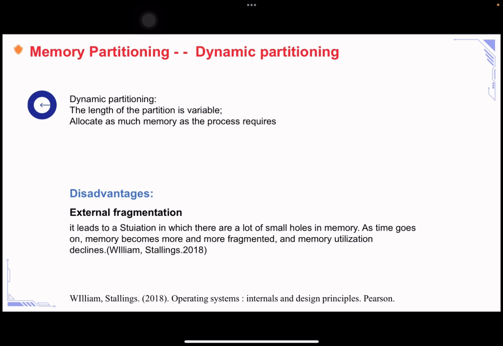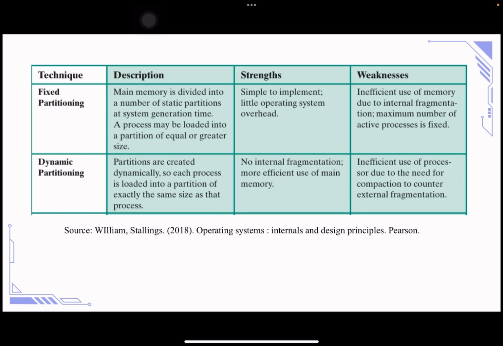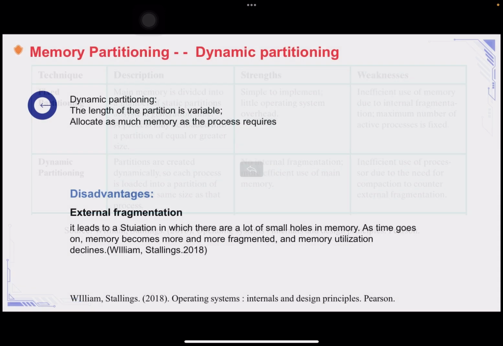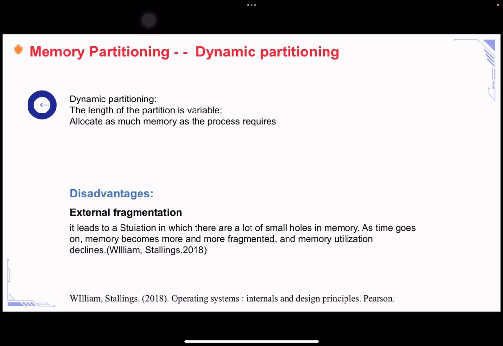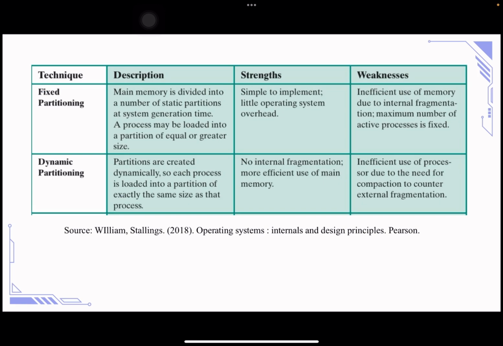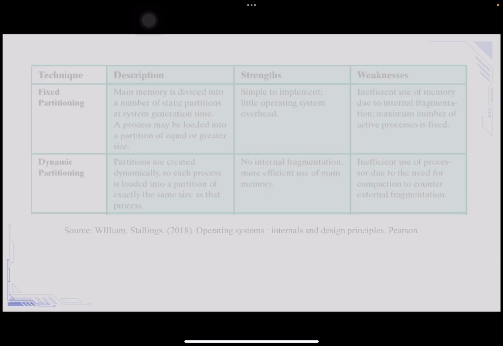It leads to a situation in which there are a lot of small holes in memory. So the memory utilization will decline. And this table shows strengths and weaknesses from the book.